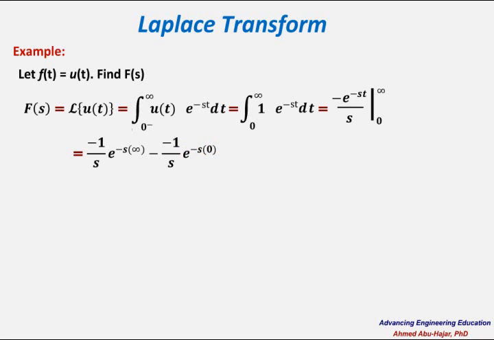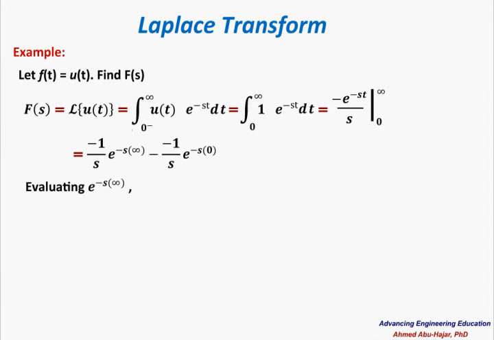But e to the minus s at infinity, which is the first term, is an interesting case. Remember that s, which is the complex frequency, is a complex value equal to sigma plus j omega. So to evaluate e to the minus s at infinity, we must substitute s equals sigma plus j omega first.